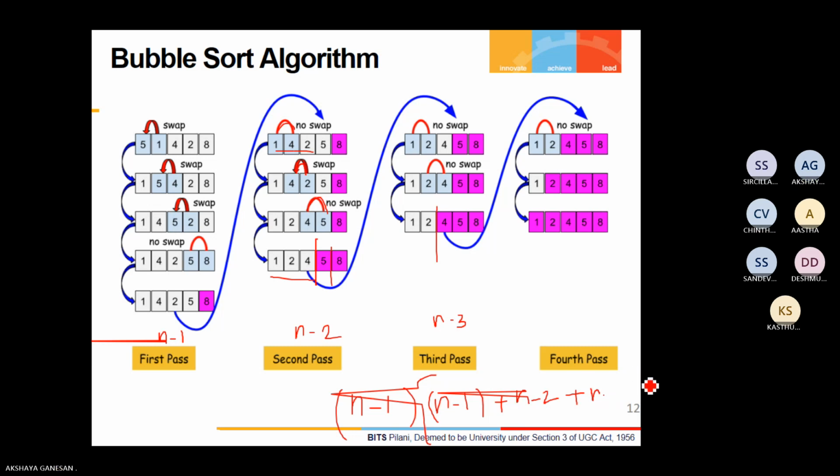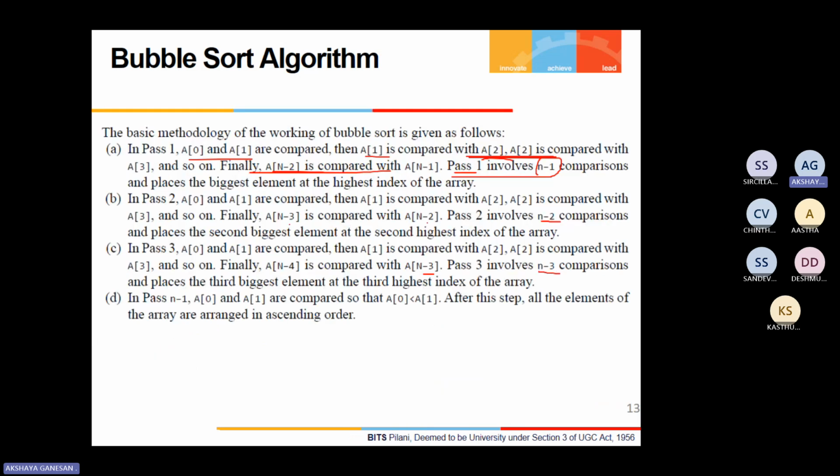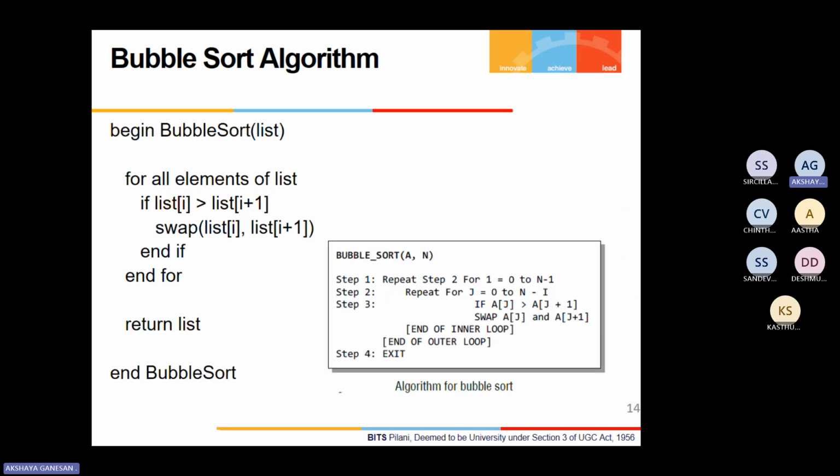Right? So you can see each time this total number of passes will be n minus 1. Right? In the last pass, you will have only one comparison and all the elements will be arranged in order. Okay. Now let's look at an animation and then I will come to this algorithm.